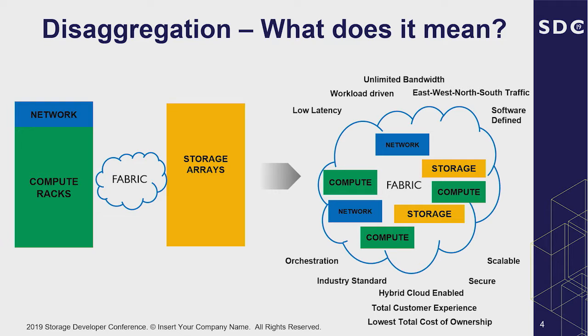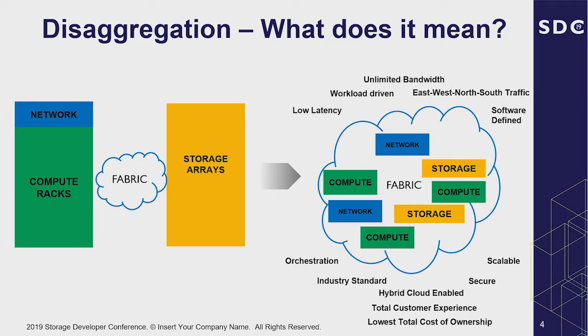So even when you double click on each of these components, whether it's compute, storage, or networking, there's disaggregation happening inside these components too, all right? Now, what do I mean there? Look at the networking piece. People are moving towards open standards.